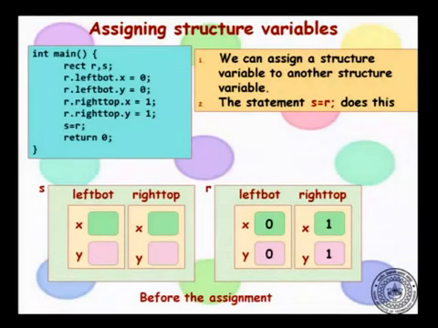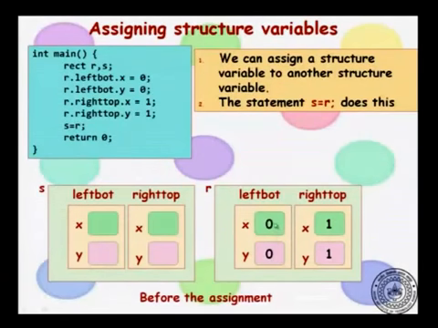So, I define another variable s, which is also a rectangle, and if I say s equal to r, let us see what happens. Before the assignment, r has left bottom 0 0 and right top 1 1, and s is uninitialized, it has just been declared, but no value has been assigned to it. So, this is the state before the assignment.